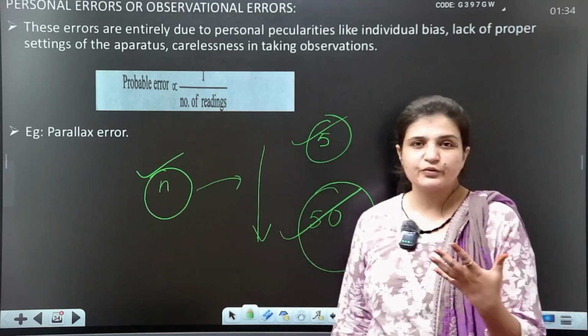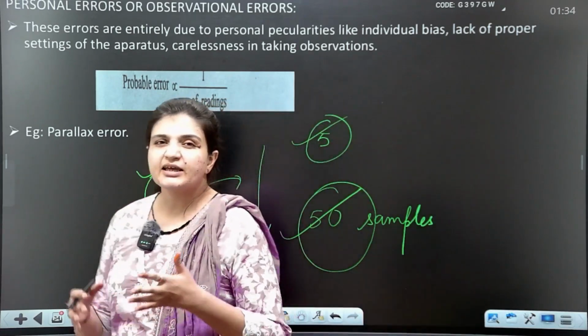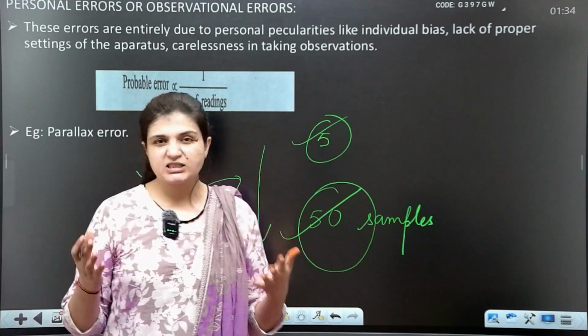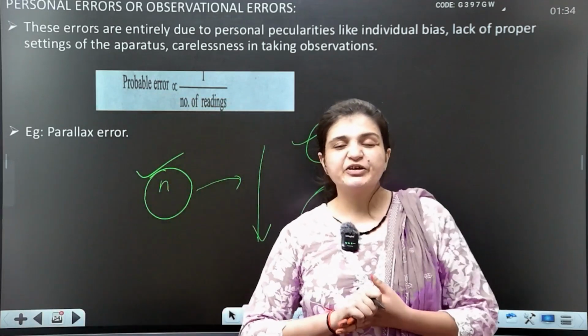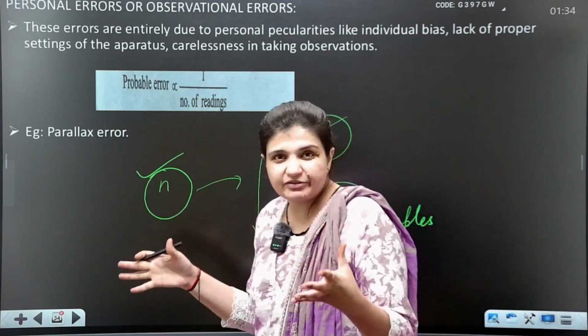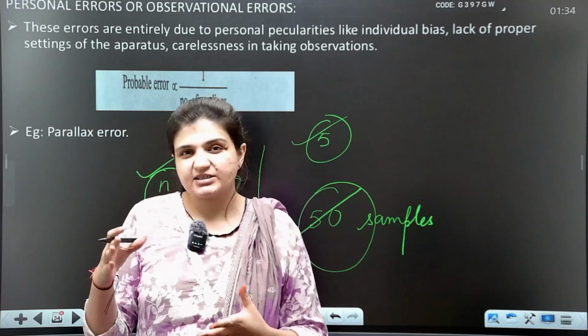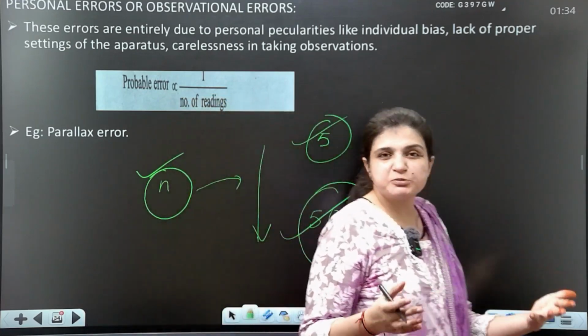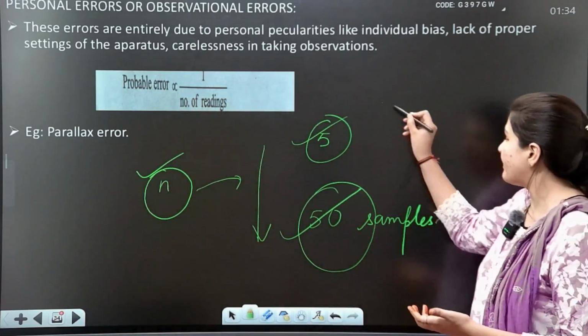For example, consider a situation in a class where an exam has been conducted and we have to find the average of the students. There are all types of students, good students and bad students.